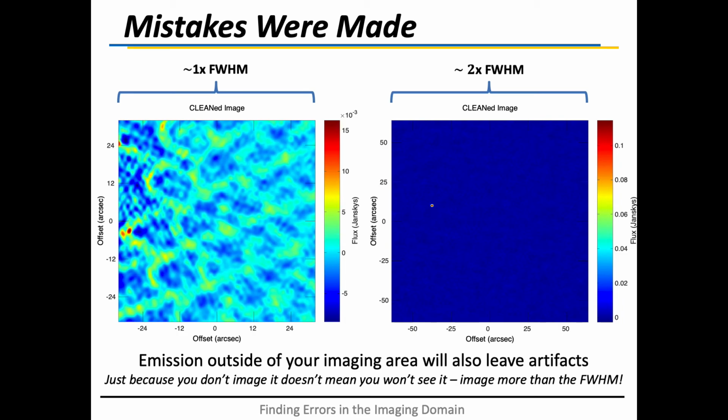Some people I know do up to 1.5 times the full width half max. You should definitely do at least 1 times the full width half max. If you go any smaller, you're potentially pushing your luck. So if you see these weird artifacts, you should definitely map bigger, even if you just do the simplest continuum map.